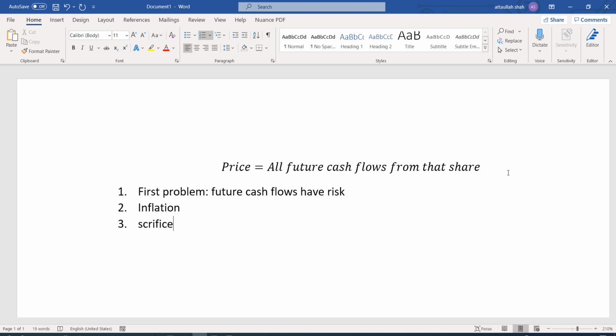which means we have to make a modification to the above equation. So the price of a share is not simply equal to all future cash flows from the share. Instead, we can modify the equation like this: the price of a share is equal to the present value of all future cash flows.